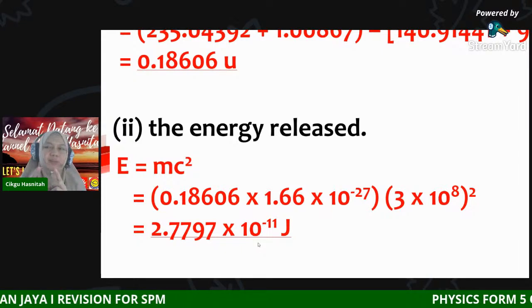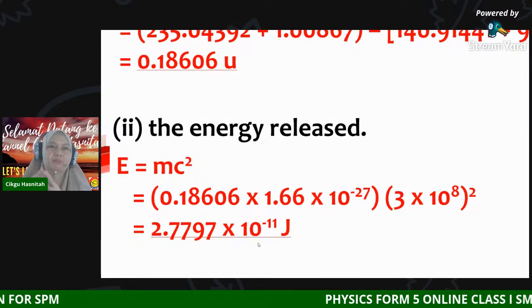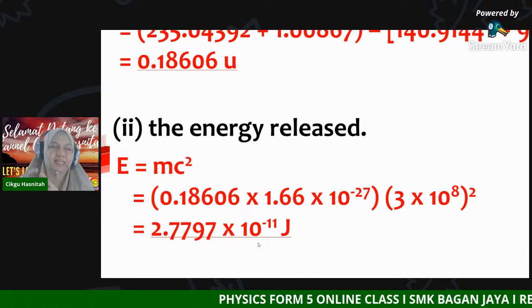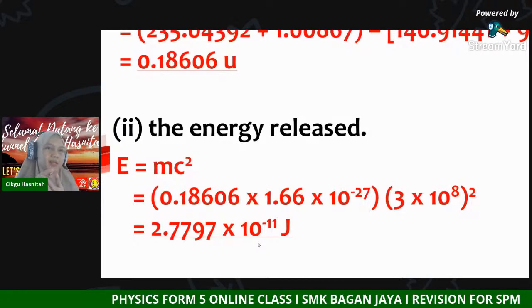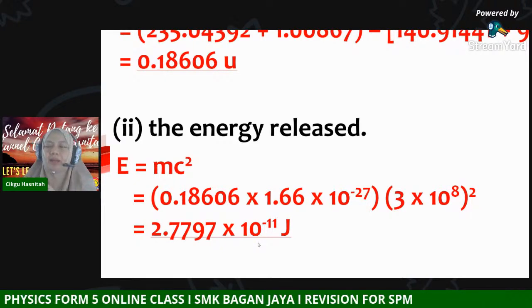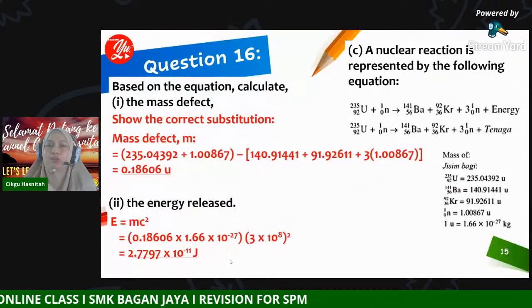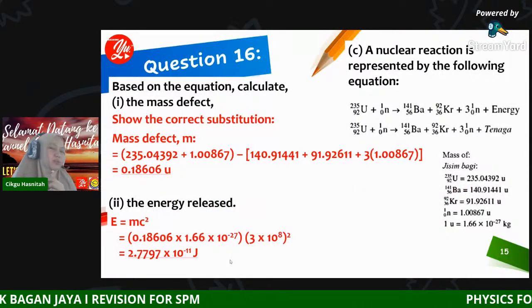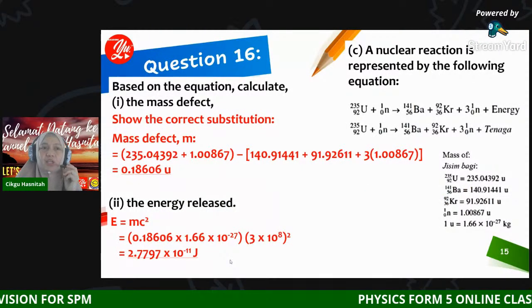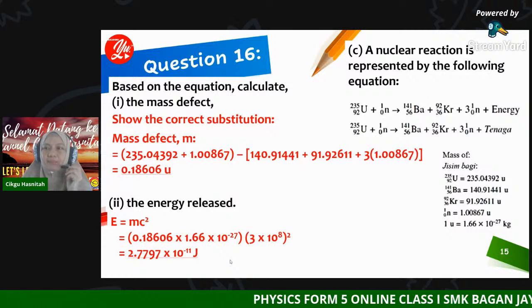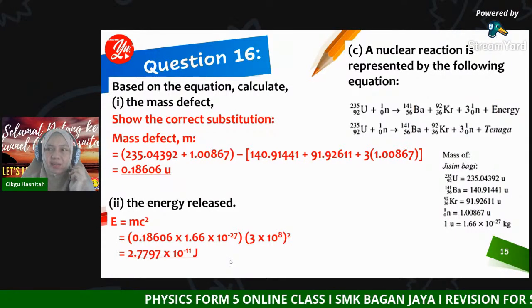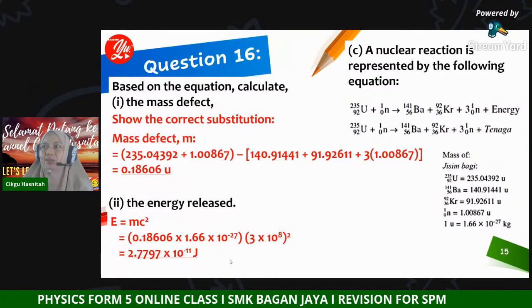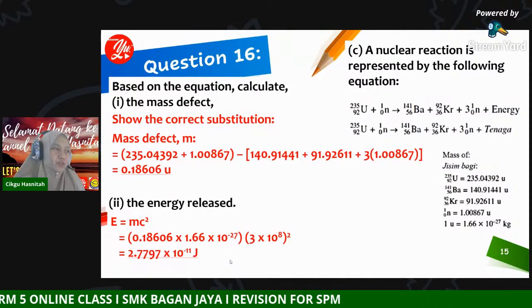If you write 2 decimal places for this answer, it will be 2.80 times 10 to the power of negative 11 joule. Don't forget to write the unit as well. We are counting for energy, so energy is written in joule.